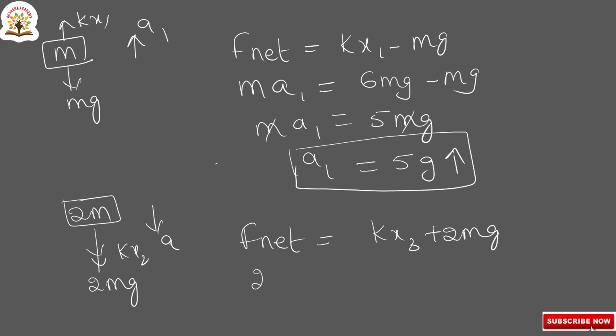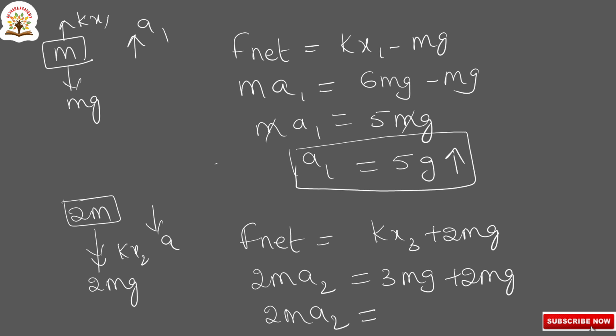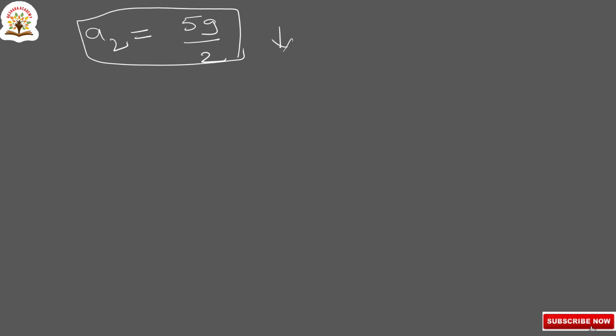So F net, 2ma2, is equal to 3mg plus 2mg, that is 5mg. m cancels, and we get a2 is equal to 5g by 2. This is in the downward direction.